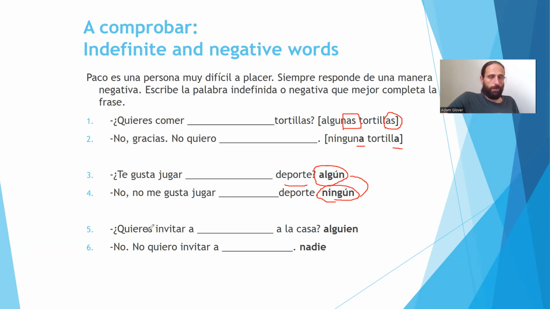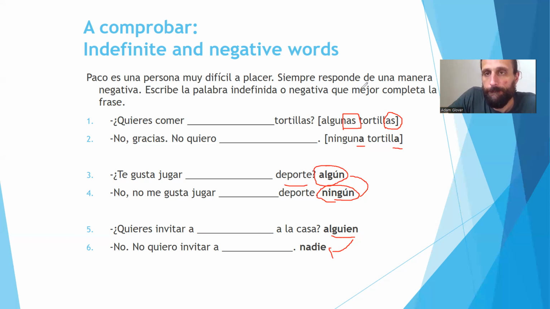Number four, ¿quieres invitar a alguien a la casa? Do you want to invite someone? Well, no, I don't want to invite anyone. What's the opposite of alguien? Nadie. No, no quiero invitar a nadie a la casa. So here again, it's very helpful to think about these terms as paired opposites. Alguien, nadie. Algún, ningún. Algunas, ningunas. Alguna, ninguna.